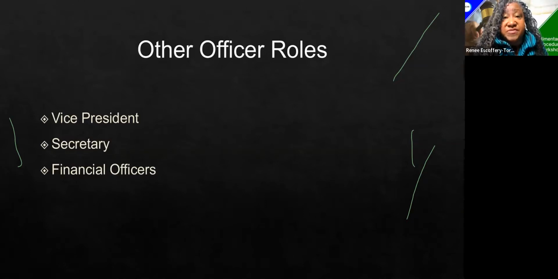Those particular positions are usually bonded positions, because those individuals are handling money. Depending on your organization, you may not want to give the money directly to the treasurer. Some organizations dictate that the financial secretary receive the money and provide the receipt. And then he is the one that gives that money to the treasurer to do what? To deposit. So there is a process there with the financial officers.